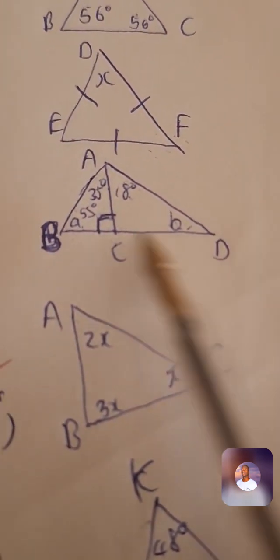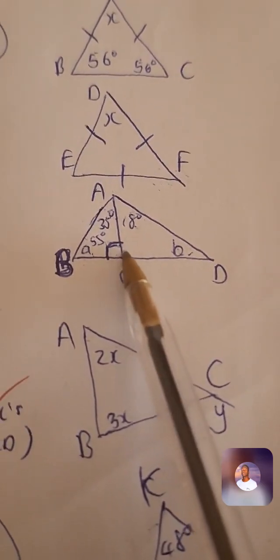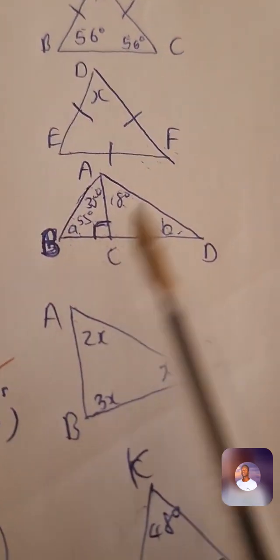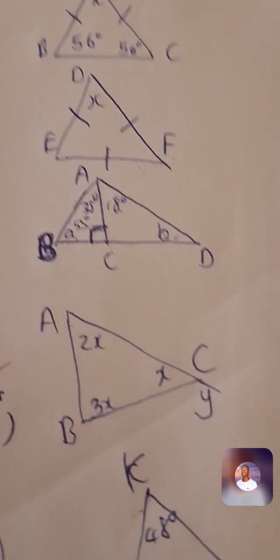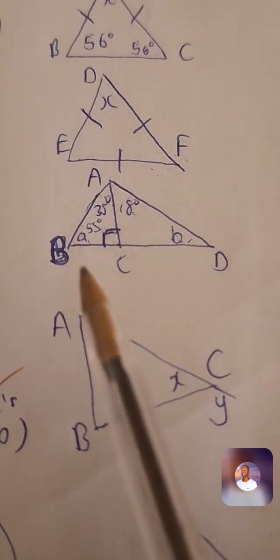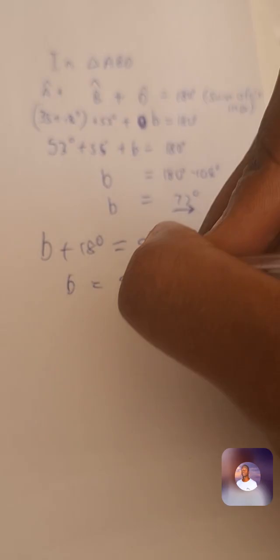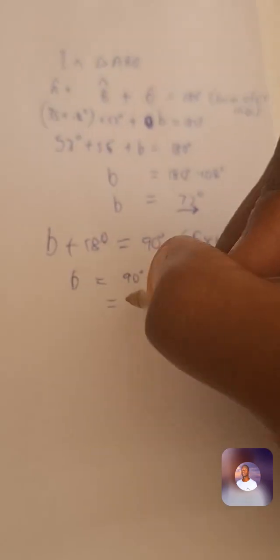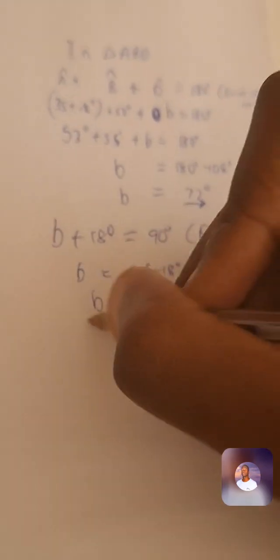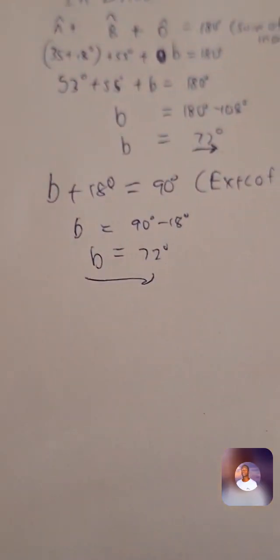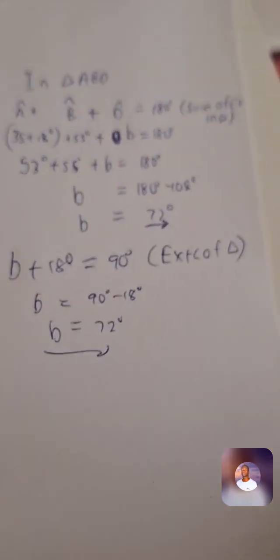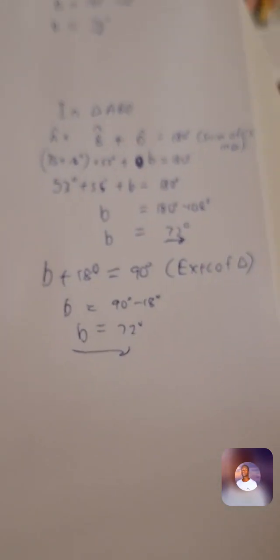That is just for the people wondering how we use exterior angle of a triangle. When you solve this, you take the 18 over, and this also gives you 72. Still the same answer, still correct, just a different approach.